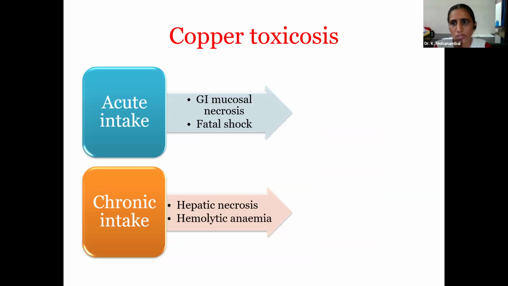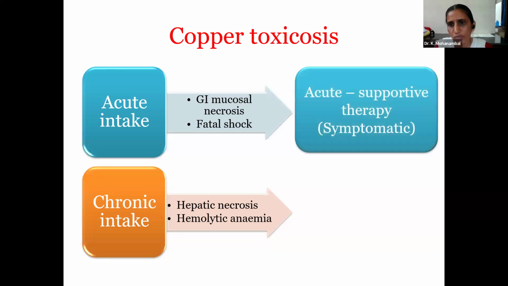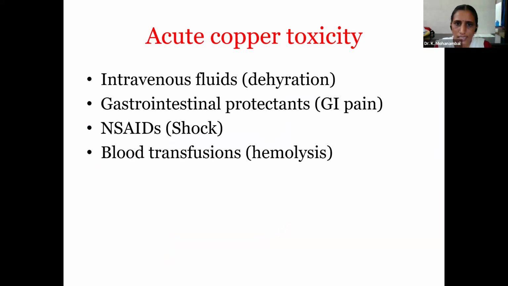There may be acute copper toxicosis, which will cause fatal shock, death and GI mucosal necrosis, whereas chronic copper toxicosis will cause hepatic necrosis and hemolytic anemia. In acute cases, we need to give supportive, symptomatic therapy, whereas in chronic cases we need to give chelating agents. In acute cases, we have to give more fluid therapy and GI protectants, and NSAIDs if shock is there.